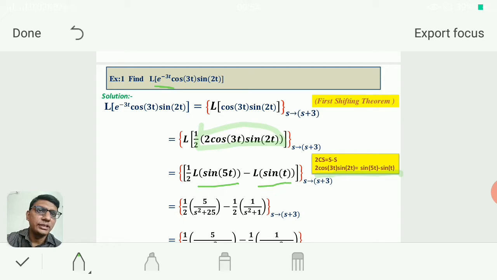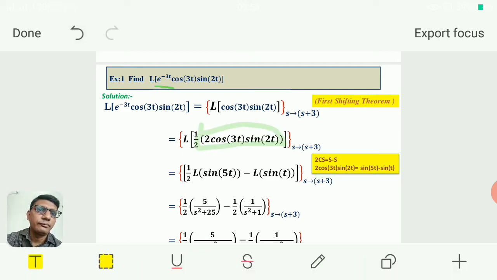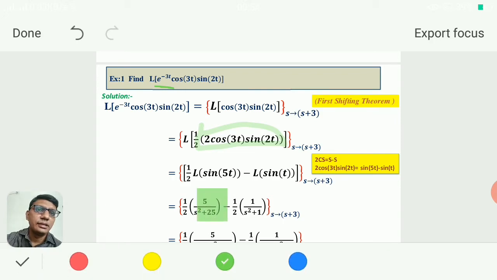We also apply directly the linear property of the Laplace, and the shifting property will be applicable later. First of all, find the Laplace of sin 5t. Laplace of sin 5t is 5 upon s square plus 25, and Laplace of sin t is 1 upon s square plus 1.